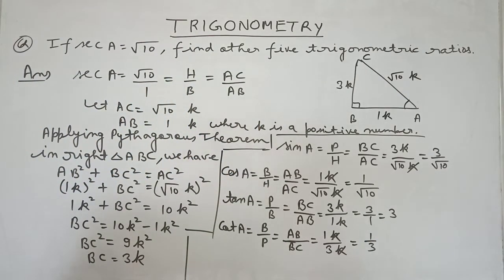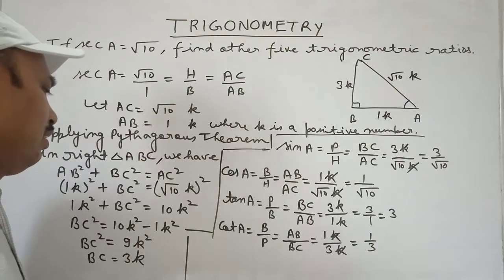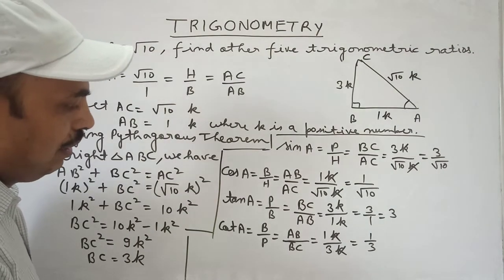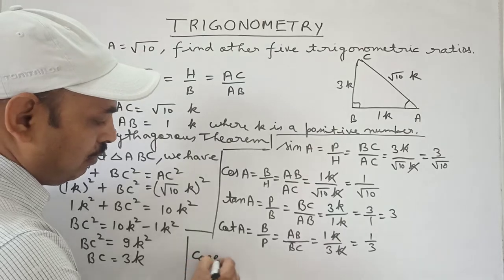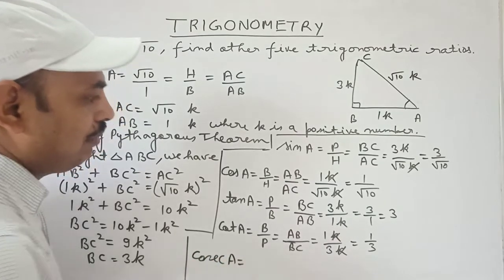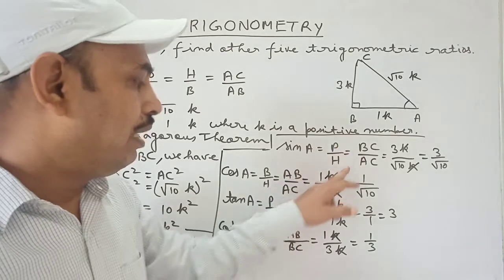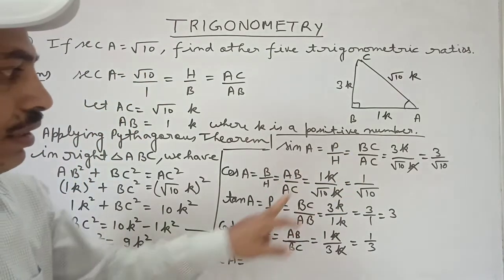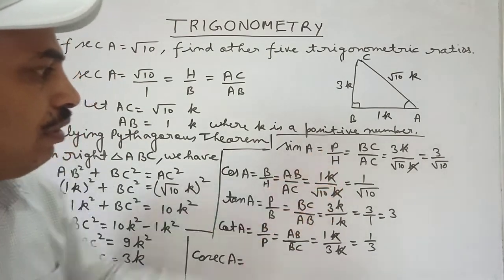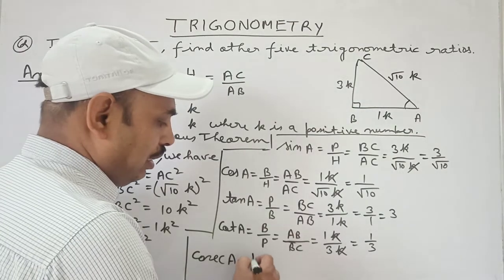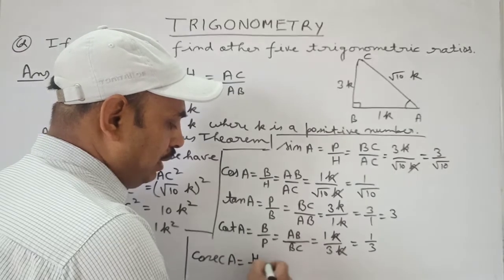Next is cosec A. Cosec A is reverse of sine. Sine is perpendicular upon hypotenuse. So cosec is hypotenuse upon perpendicular, h upon p.